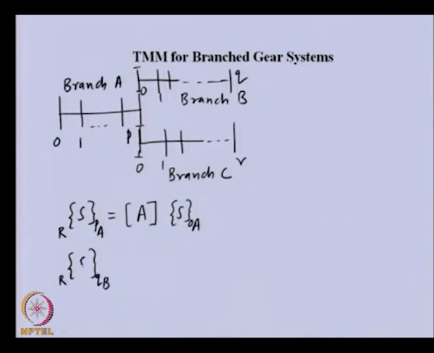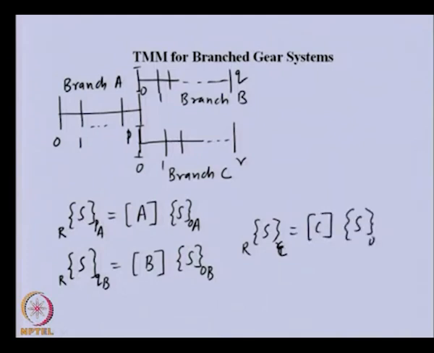So this is equal to, let us say, the overall transfer matrix B, and this is the state vector at 0 station of branch B. Similarly, we can write for branch C. The right of the rth disk of branch C is equal to the overall transfer matrix for branch C, which is C, times the state vector at 0 station.